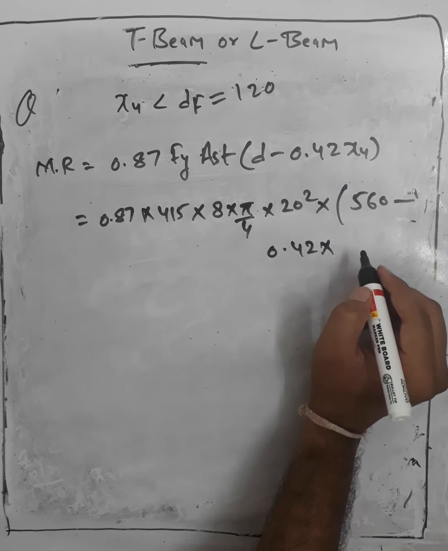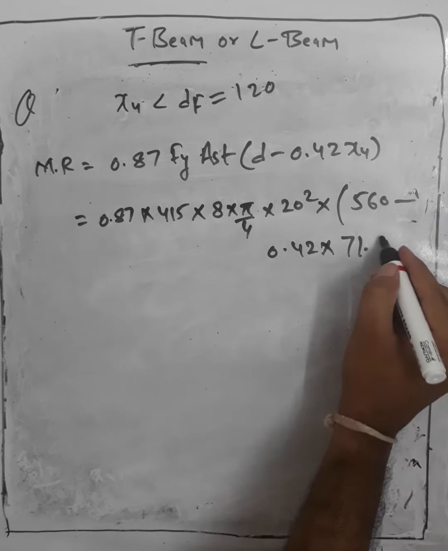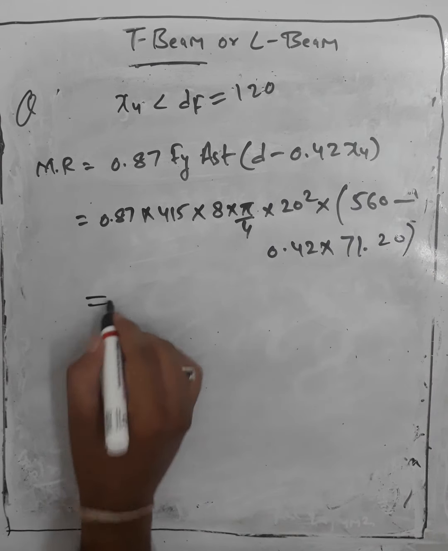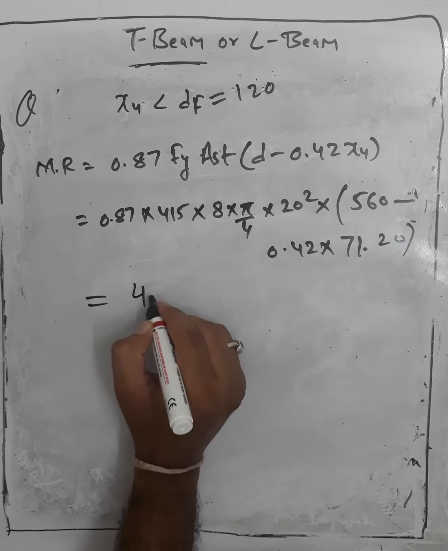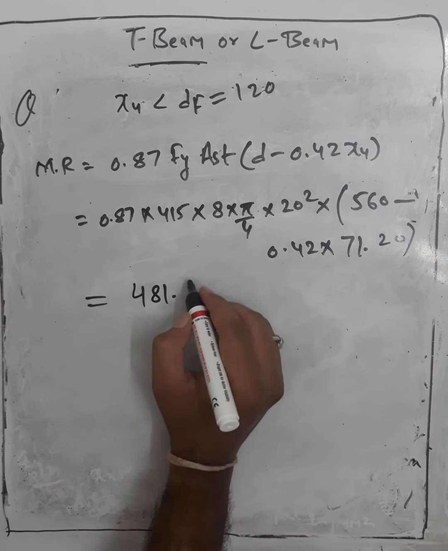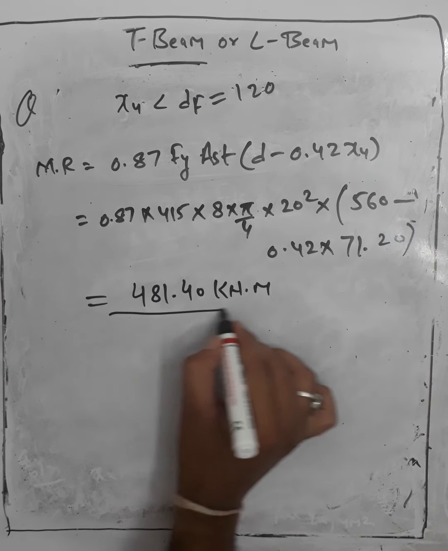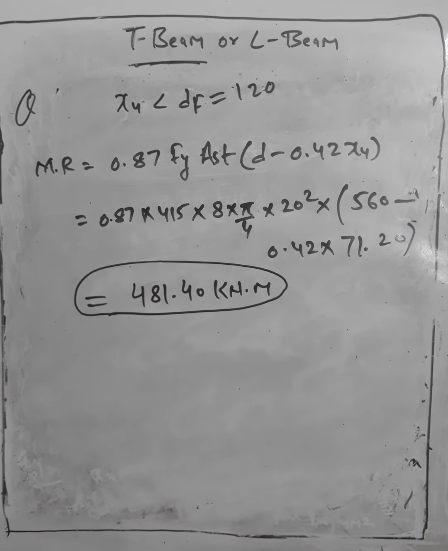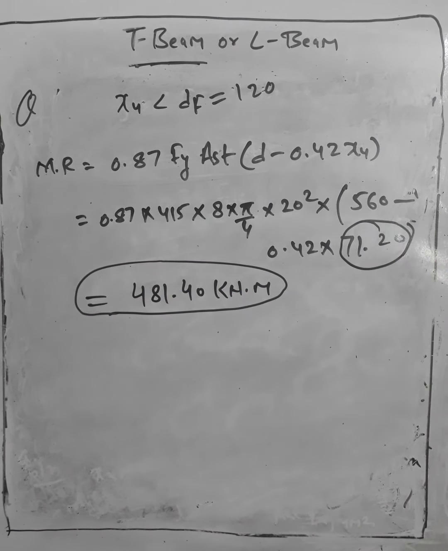The XU value is 71.20. Now you have to solve this with the help of a calculator, and you find the answer is 481.40 kilonewton meter. So this is our moment of resistance value for this question, and the XU value is 71.20.